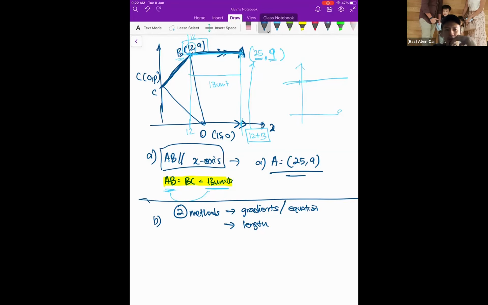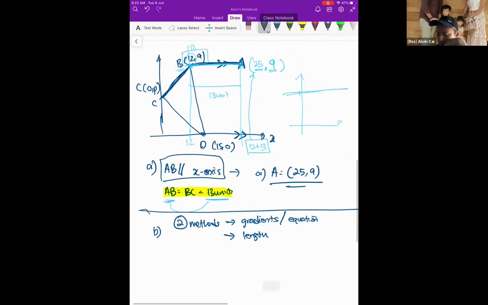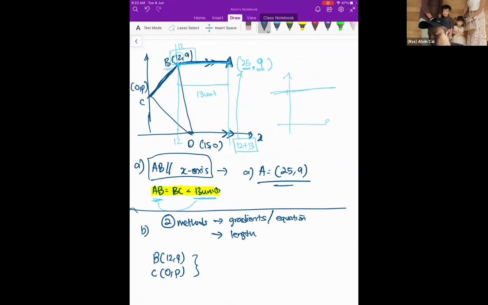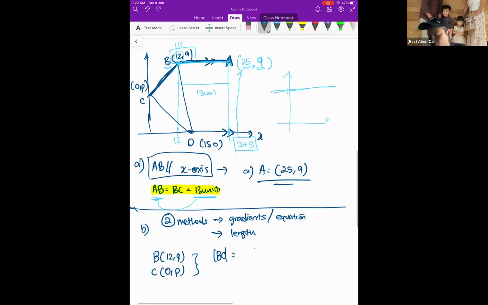Okay, so in this question, all we need to do is use the formula. Coordinate B is 12,9. Coordinate C is 0,P. Okay, so these two coordinates, we use the length of BC equals the square root of y1 minus y2 squared plus x1 minus x2 squared.